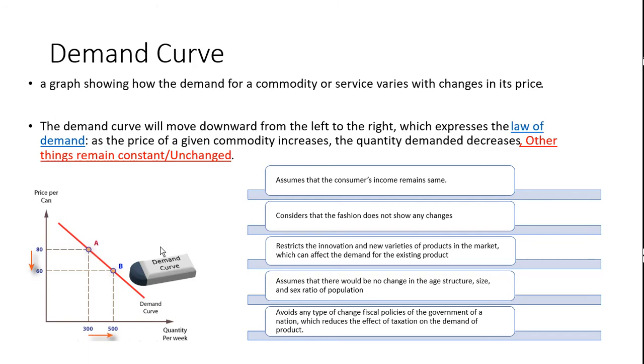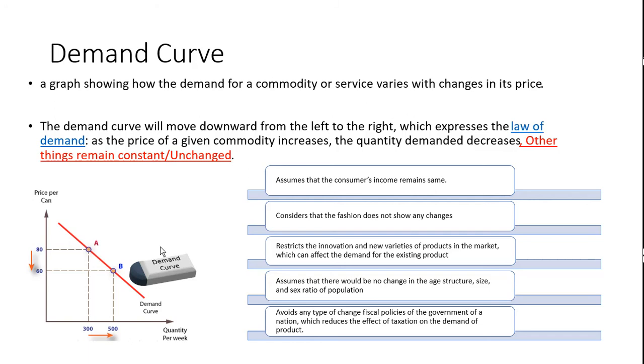First, assume that the consumer's income remains the same. Let's suppose my price increased by 25%, and at the same time my income also increased by 25%. Although my price increased, since my income increased by the same percentage at the same time, my ability to purchase remained constant. Technically, according to the law of demand, if the price increases, my ability to purchase should reduce.